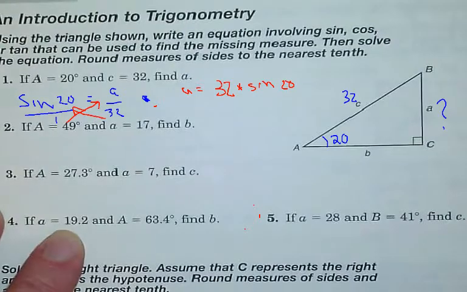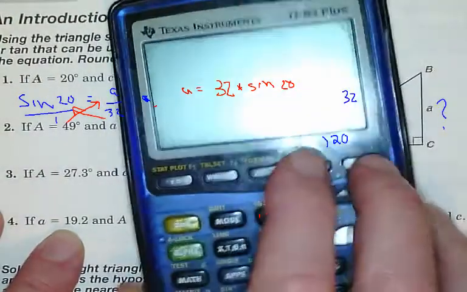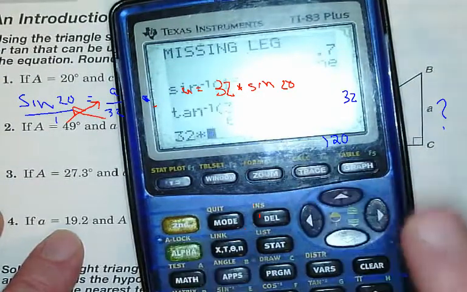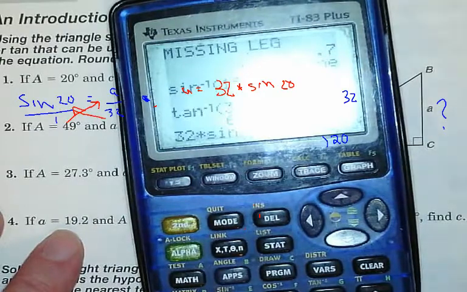Ta-da! Well, what is that? Let's look. 32 times the sine of 20 degrees.